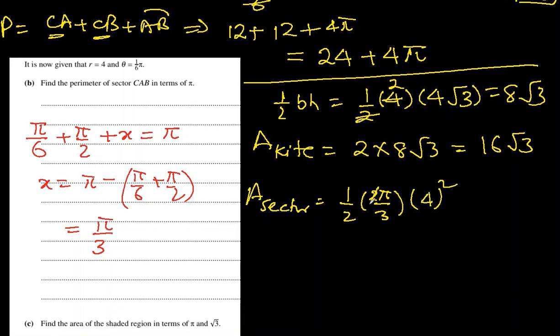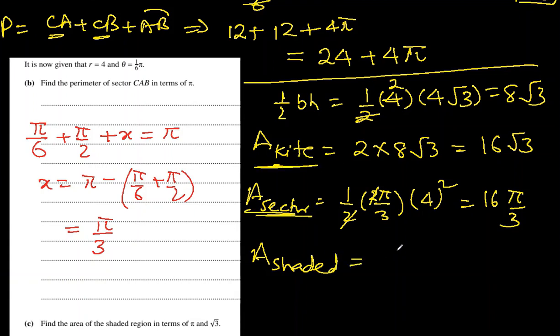So this 2 and this 2 will cancel out. So we will be left with what? 4 square, 16 pi over 3. And the area of the shaded region is clear to us now. This area of the kite minus area of the sector, which is 16 square root 3 minus 16 pi over 3. And that is in terms of pi and square root 3.